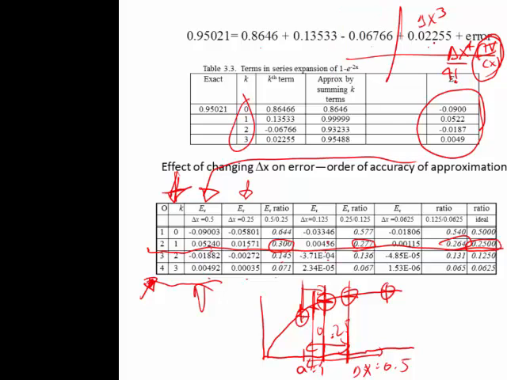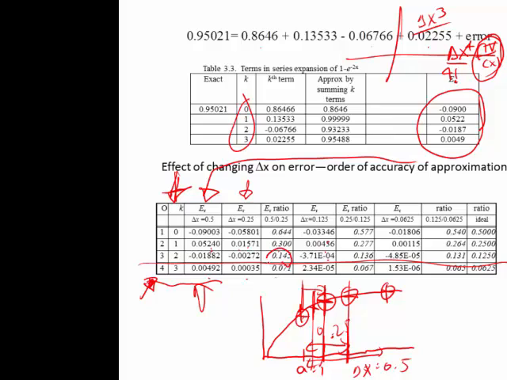and cut it here. So the error will be proportional to delta x cubed. That's this row. If I cut delta x by half, then we expect the error to be reduced to 1/2 cubed, which is 1 over 8. And 1 over 8 is 0.125.